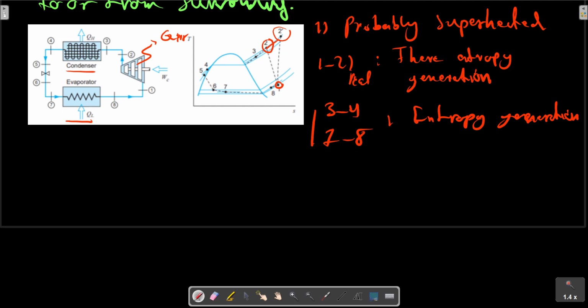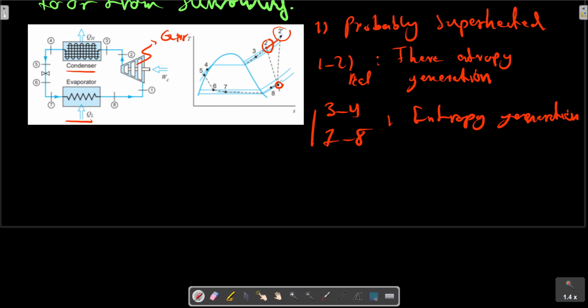It may drop somewhat more in piping between the condenser and expansion valve. This represents a gain, however, because as a result of this heat transfer, the refrigerant enters the evaporator with a lower enthalpy, which permits more heat to be transferred to the refrigerant in the evaporator.